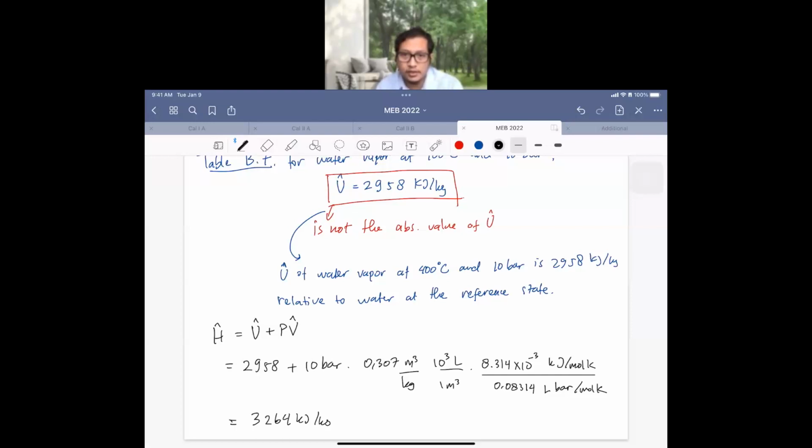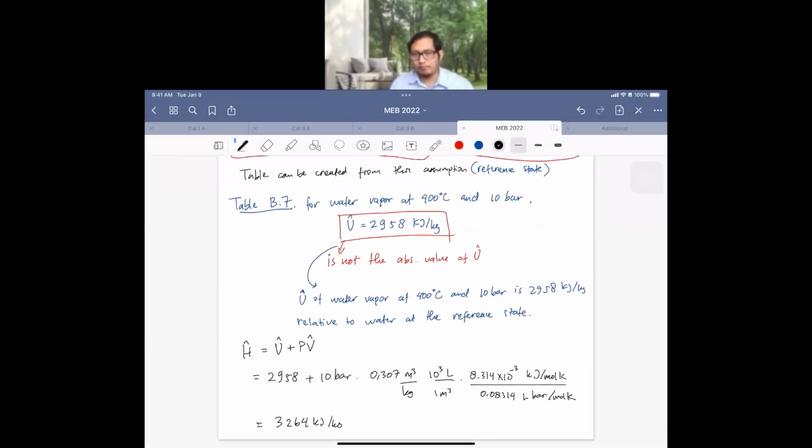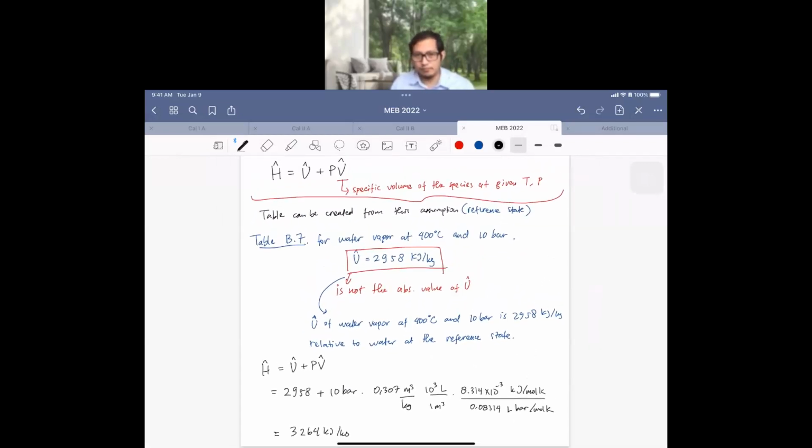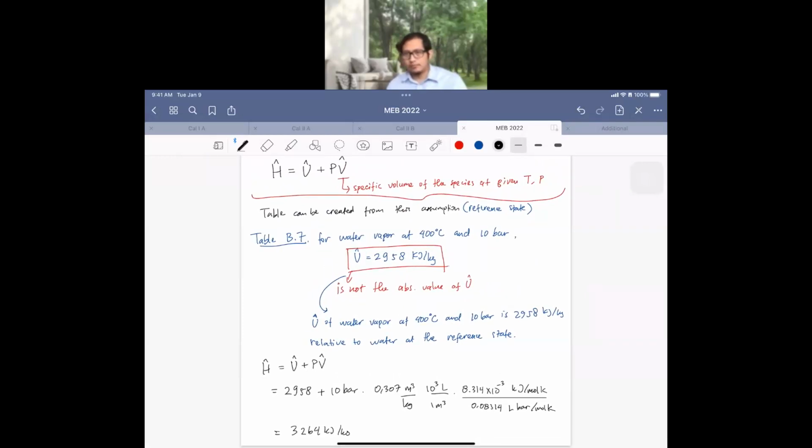They are all using a reference, and usually the reference is taken as 0. Now, since we are dealing with a reference, we need to evaluate somehow.